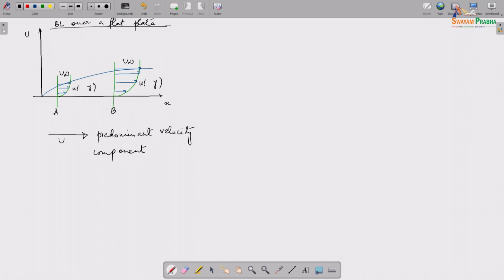This is quite interesting, right? And this is the predominant velocity component, and the velocity primarily varies in the y direction. The velocity profile is self-similar.